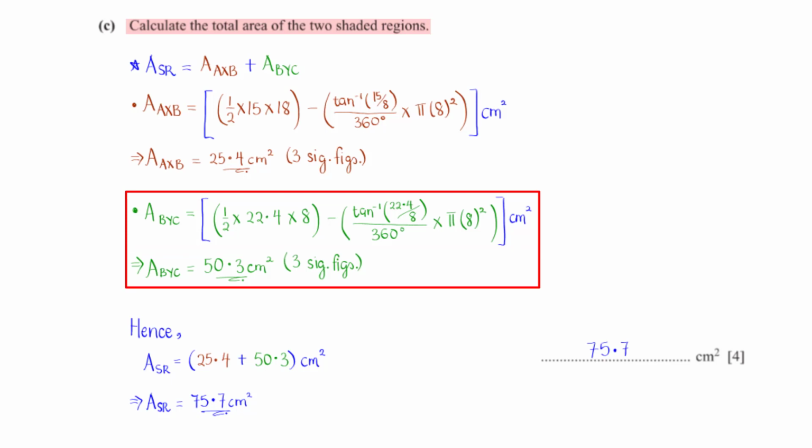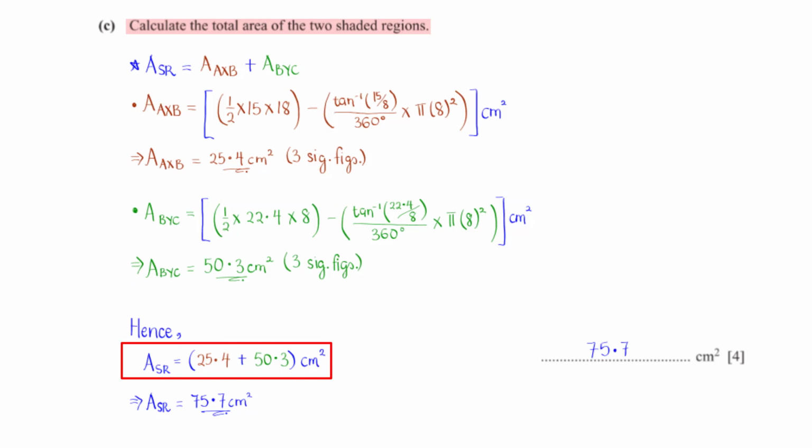This gives us 50.3 centimeters squared rounded to 3 significant figures. Hence, the area of the shaded region is equal to 25.4 plus 50.3 centimeters squared, which is equal to 75.7 centimeters squared.